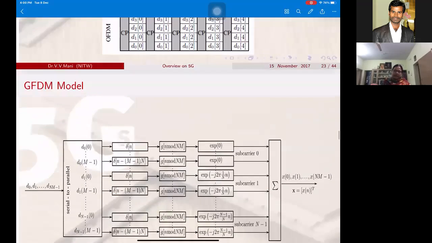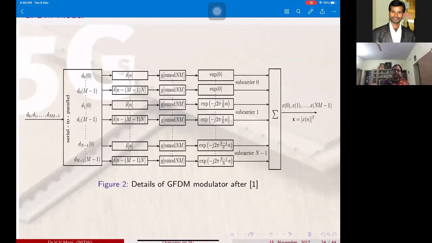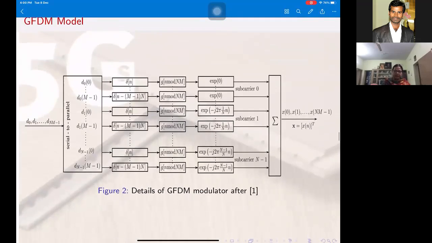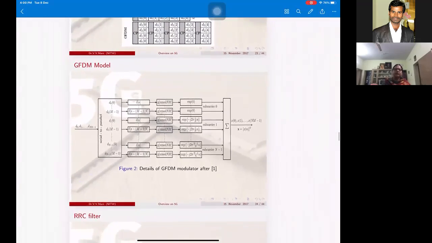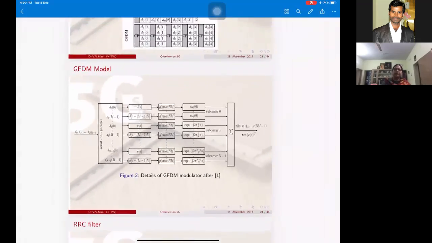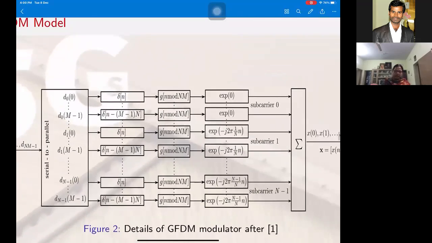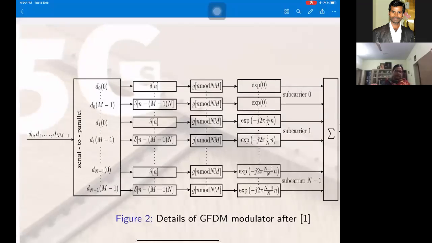So how is this GFDM executed? Just go through the block diagram. Maybe this is the total view of the block diagram. Okay, so I can show you block by block. If you look at this block diagram, there is actually a difference from GFDM to OFDM.